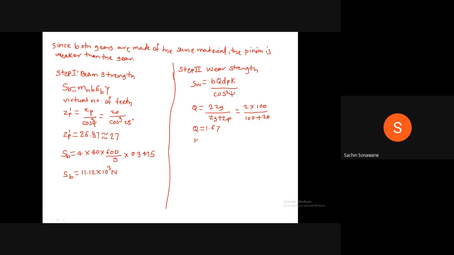K is nothing but, what is the equation? 0.16 into bracket BHN divided by 100 bracket square. Therefore, 0.16 into bracket 300 divided by 100 bracket square.